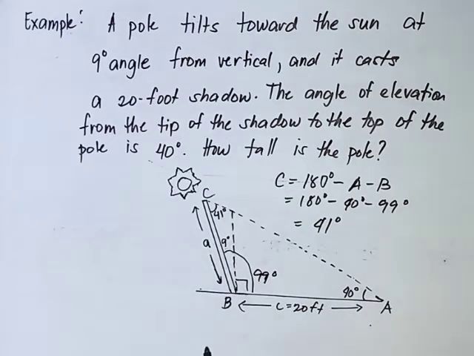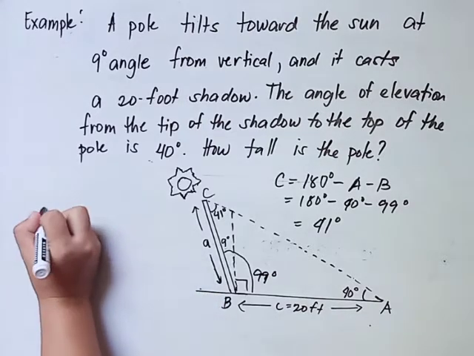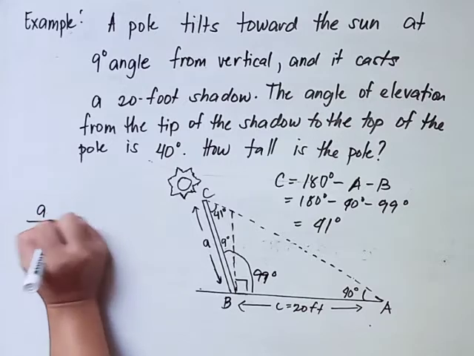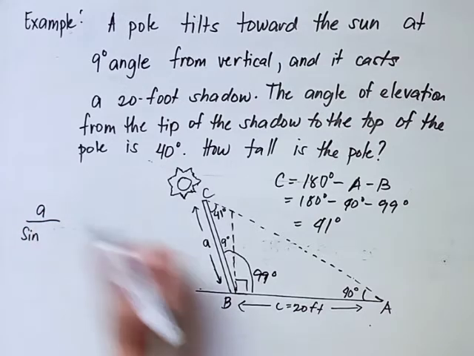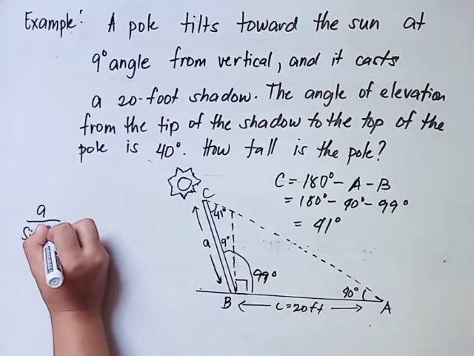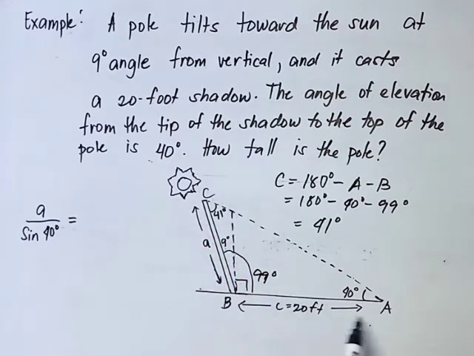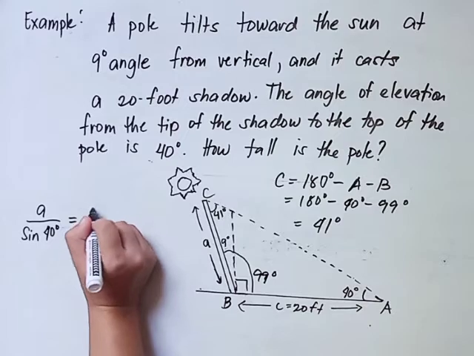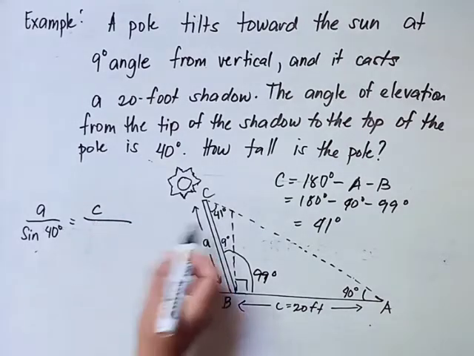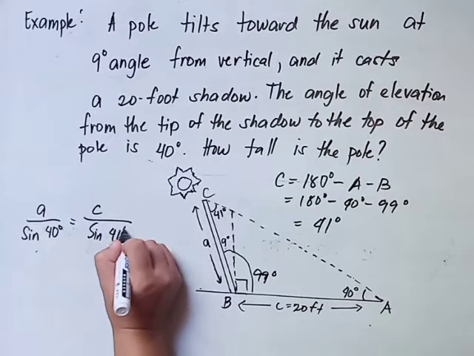Since the conditions in the law of sines are now satisfied because we already have three angles here, and in the law of sines, if two angles and a side are known, it is already possible to find the other side. Since we are looking for side A, in law of sines we have the equality A over sine 40 degrees is equal to, let us take this angle and this side because they are opposite, C over sine 41 degrees.